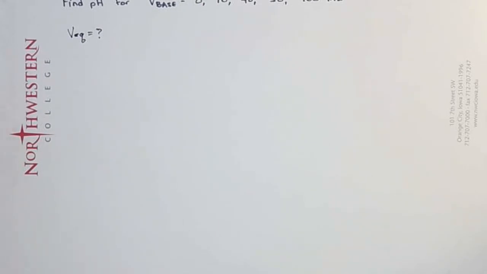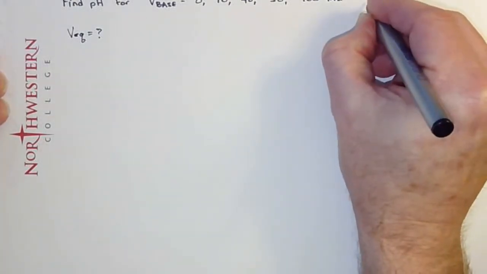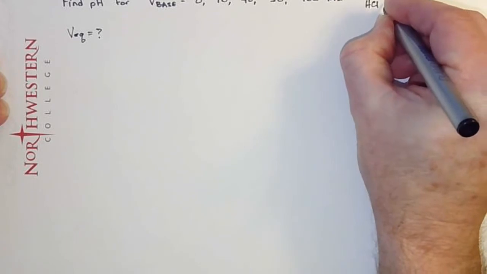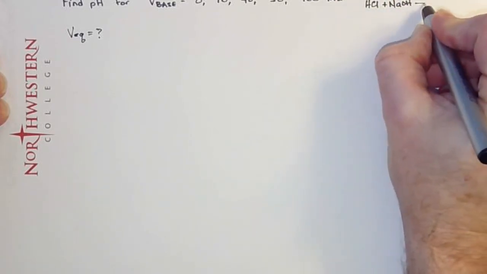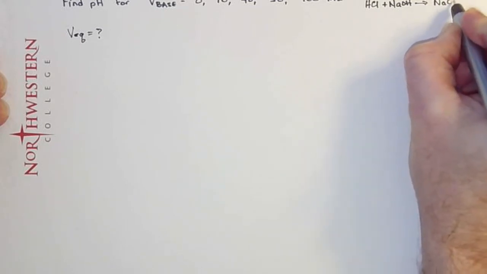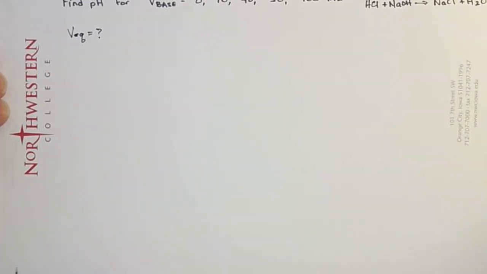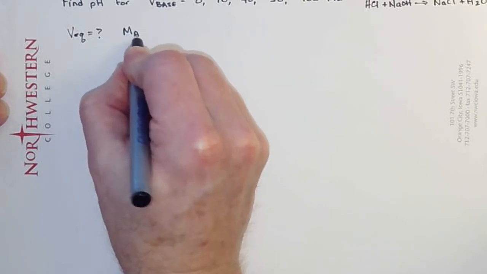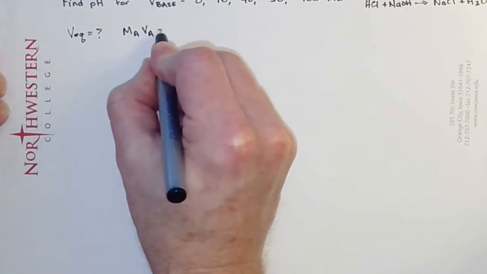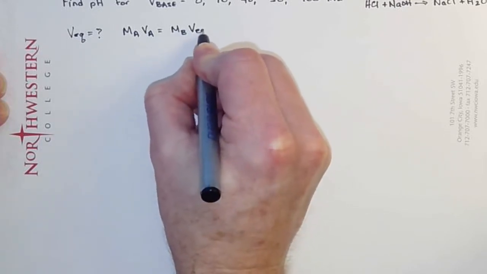For HCl and NaOH, we have a 1-to-1 molar ratio. So the reaction is going to be HCl plus NaOH giving us NaCl and water. For a 1-to-1 reaction, the molarity of the acid times the volume of the acid is going to be equal to the molarity of the base times the volume of the base at the equivalence point.